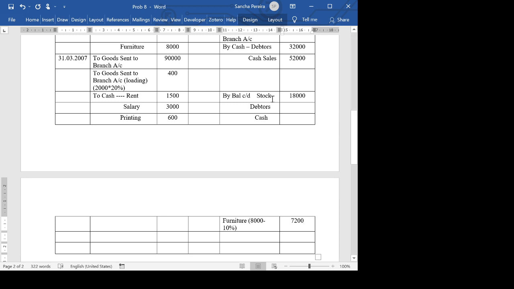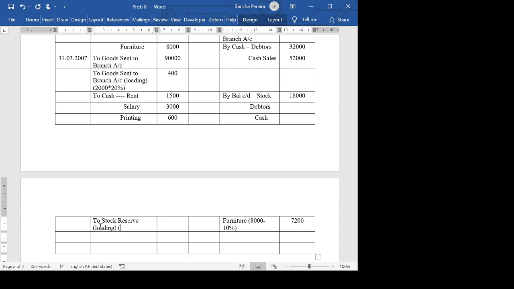Don't forget that we have to calculate loading on this stock. Sometimes you may miss it out. Whenever there is stock and it's done at an invoice price or cost plus a profit, you have to calculate loading. So this side we will have two stock reserve. For closing and opening stock, it is shown as stock reserve. But for the other movement of goods, goods sent to branch account, this is loading.